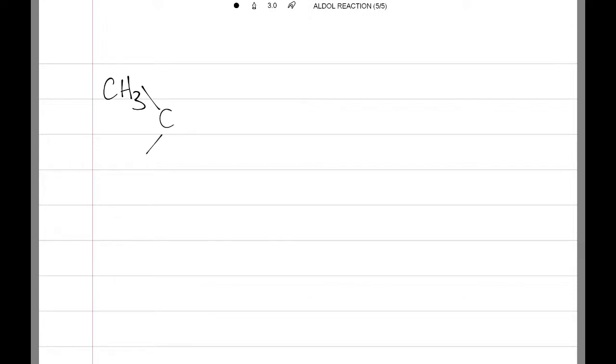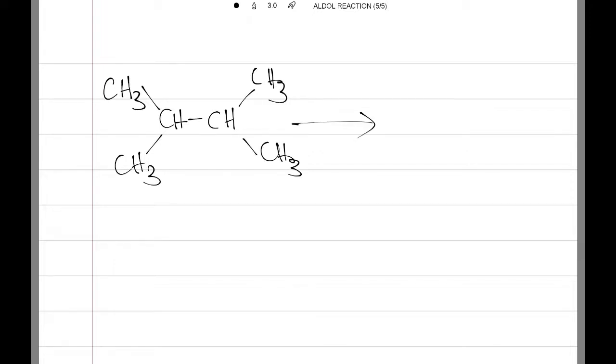CH3, CH3, and here it has CH single bond CH. This is CH3 and this is also CH3. Now when this reacts with bromine in presence of sunlight, we can get the A product.